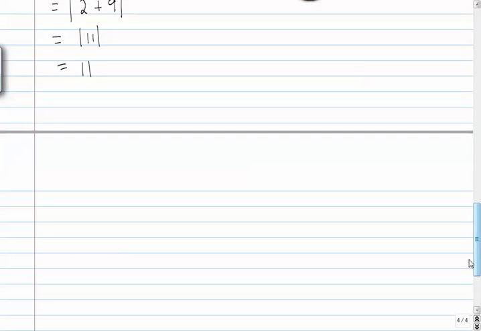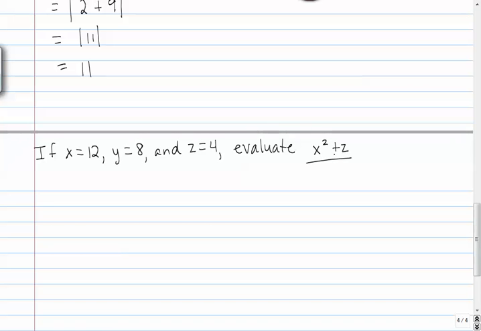All right, let's look at another one. If x equals 12, y equals 8, and z equals 4, evaluate x squared plus z over y squared plus 2z.